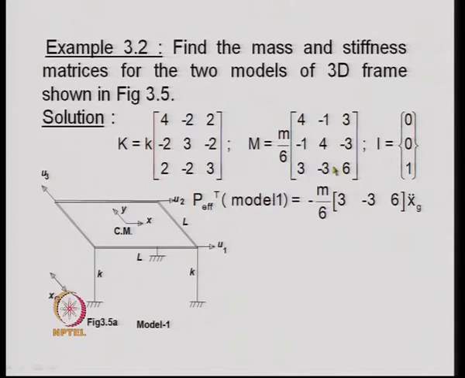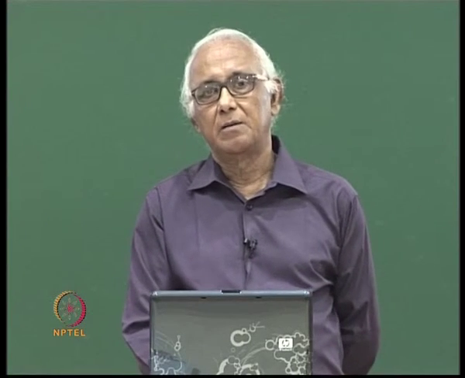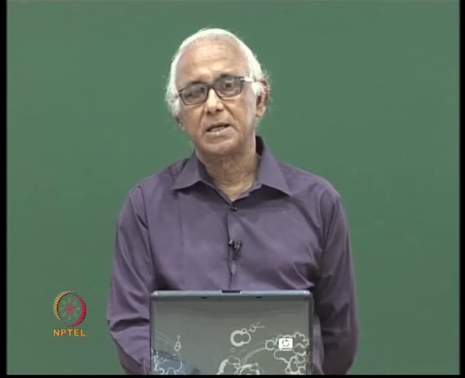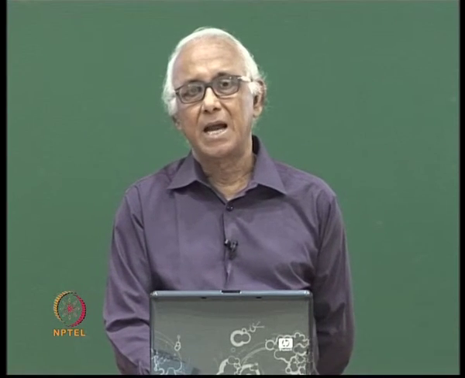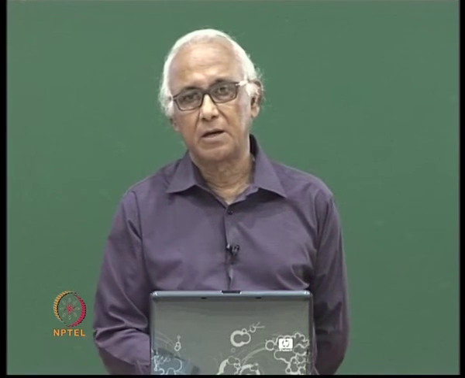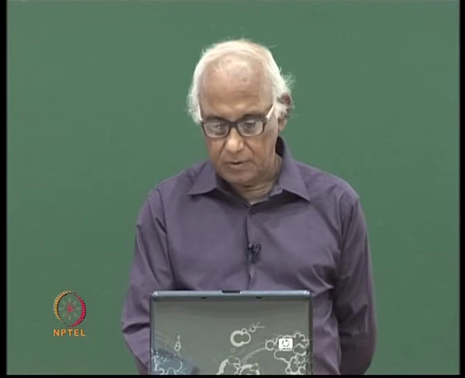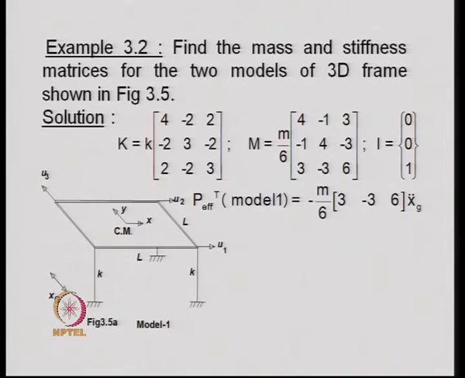Interestingly, the mass matrix is also a coupled one. Generally, we think that if it is a lumped mass system, it will have a diagonal mass matrix, that is only at the diagonals you will have the masses, and all off-diagonal terms would be 0. That is the kind of notion that we have for all lumped mass systems.